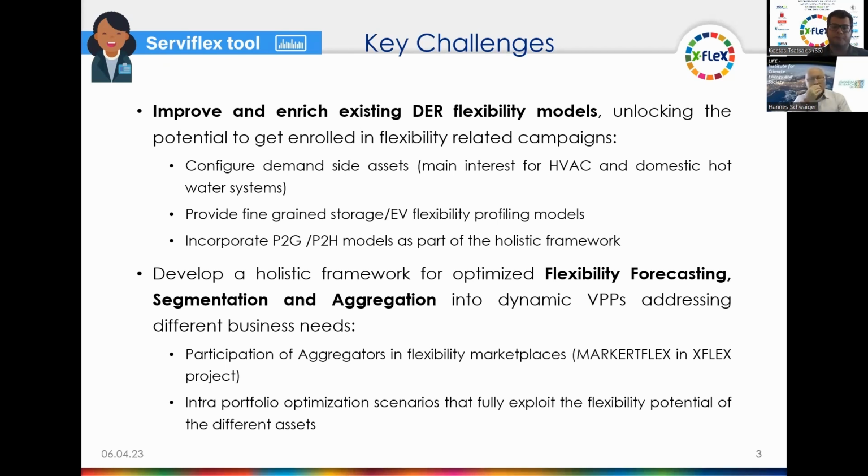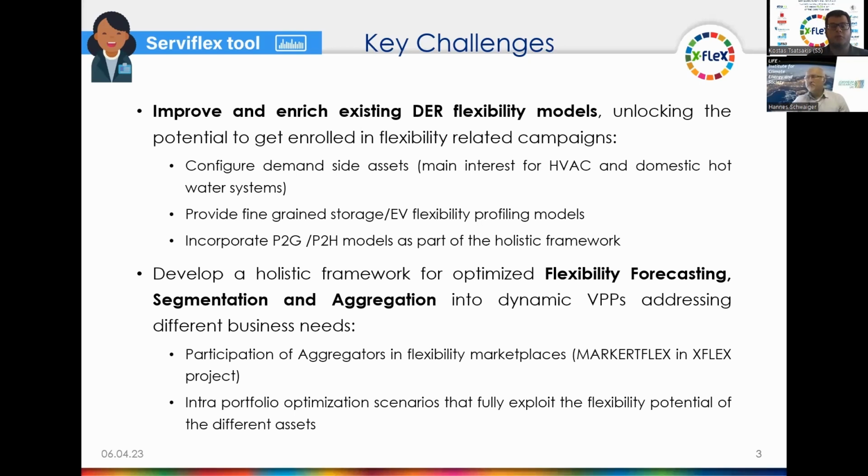On top of this framework, a key challenge, of course, is how we will ensure the coordinated operation of these flexible sources, how we can ensure that proper forecasting, segmentation, and aggregation mechanisms will come into place in order to ensure that proper VPPs are to be defined in order to ensure that the portfolio of assets will promptly participate in a way to address the different business needs.